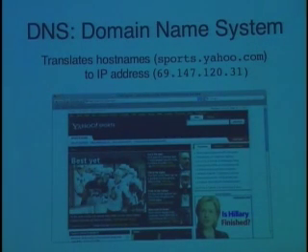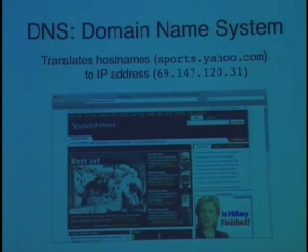To give a little bit of background about what DNS is, you might have heard of it before. DNS is the domain name system, and what it does is translate human-friendly host names, such as sports.yahoo.com, into machine-readable and routable IP addresses, network addresses, such as 69.147.120.31. So when you type sports.yahoo.com into the location bar of your browser, your computer and your browser don't actually know how to fetch that page.